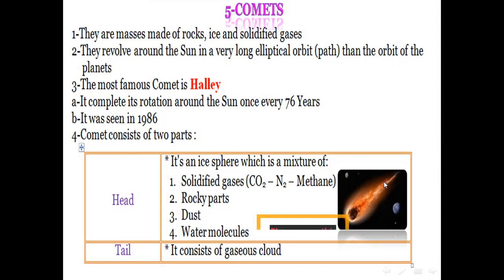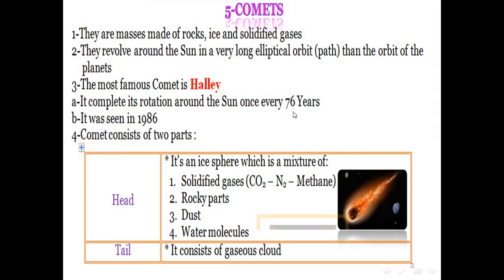What do you expect, after how many years, or especially in which year, will it appear once again? How can you answer this question? You just add 76 to 1986. You can predict when it will appear once again.